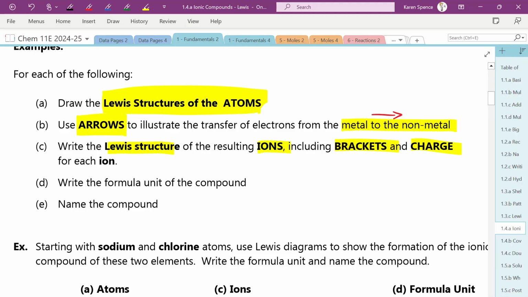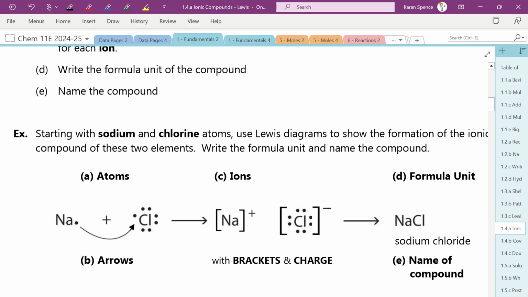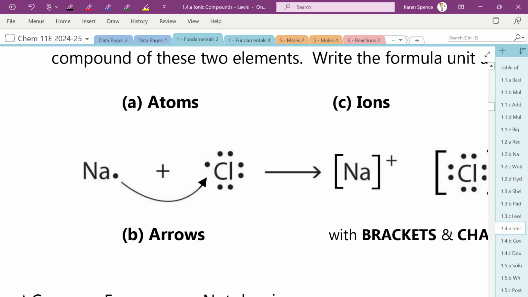All right, so let's try a couple of these. Here is sodium and chlorine. If you remember, sodium is in group 1, so it has how many valence electrons? 1. Chlorine is in group 17, so it has how many valence electrons? 7. 1, 2, 3, 4, 5, 6, 7.